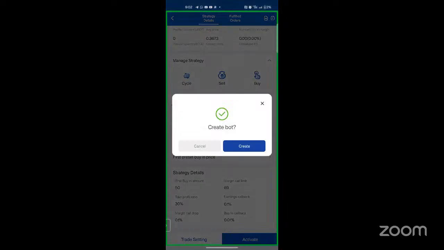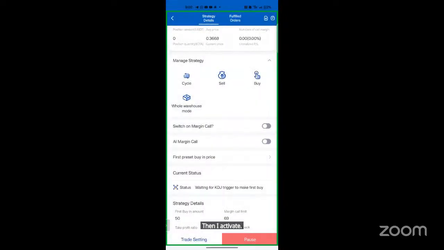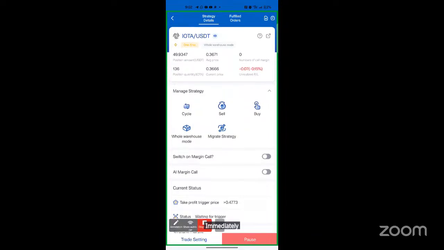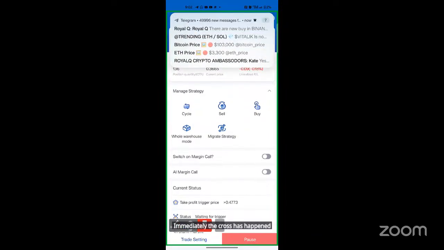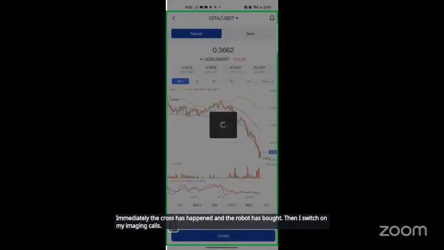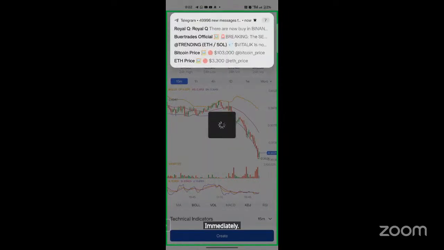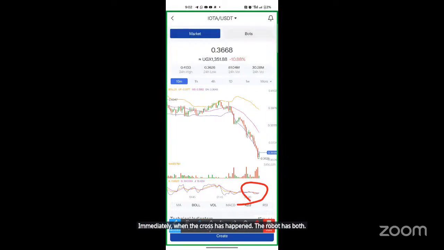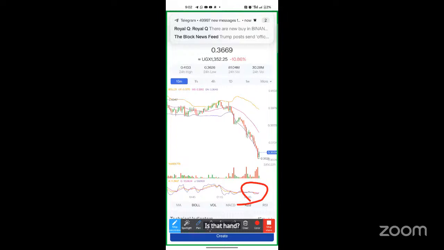Then I activate. It will say, waiting for KDJ to make a trigger price to enter the market. Immediately the cross has happened, the robot has bought. Then I switch on my margin calls. Is that hard? Some answers in the chat.